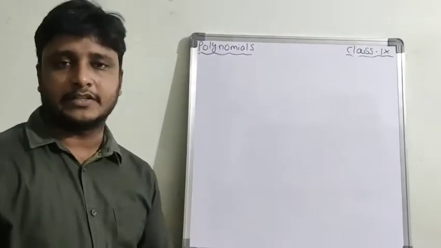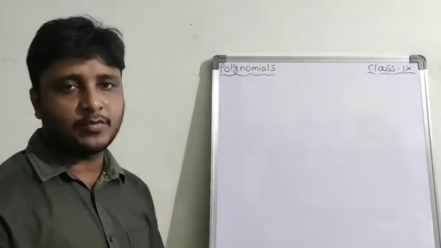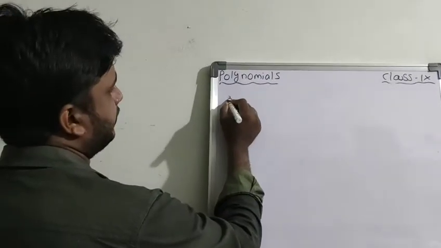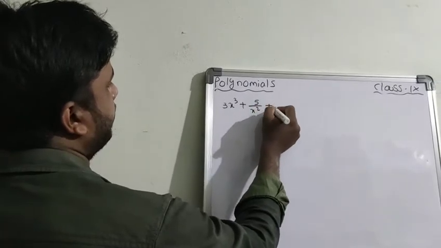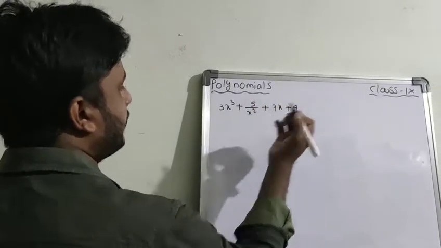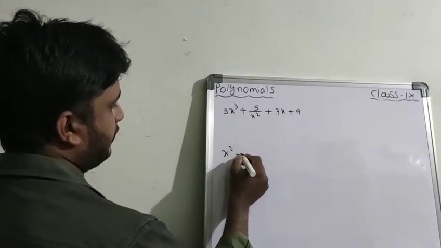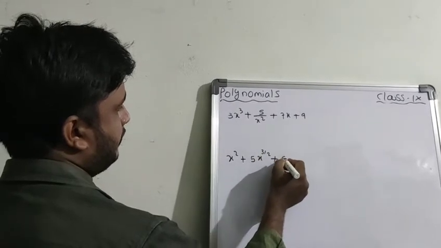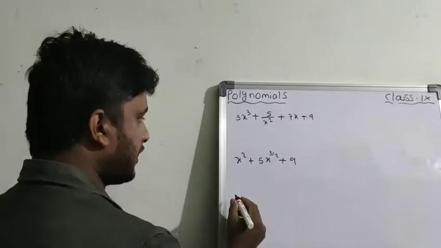So here I am writing some algebraic expressions, and which are polynomials and which are not polynomials I will explain. See for example. And this is one algebraic expression.